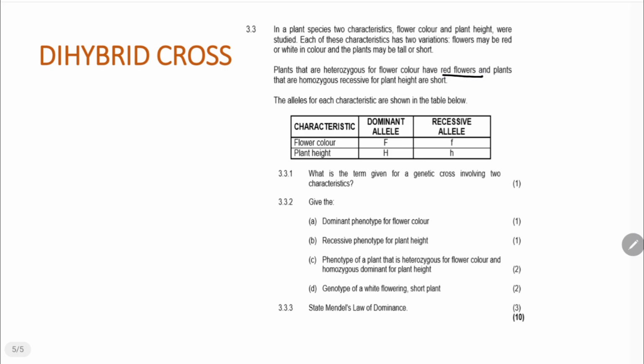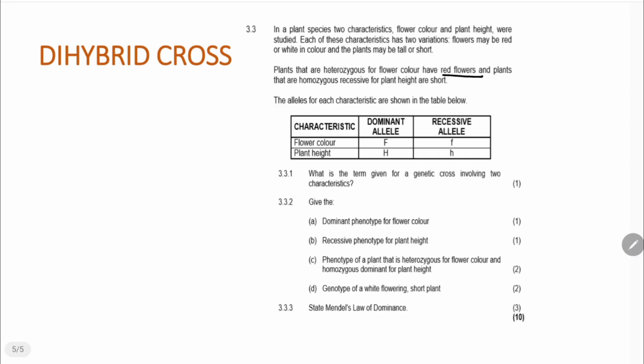So if these flowers are heterozygous, they will have red flowers. It tells me that the allele for red flower here is dominant over the allele for white flower, because in a heterozygous condition, the allele for red determines the phenotype and the allele for white is masked. Hence, I'm saying that the allele for red flower color here is going to be dominant, right?